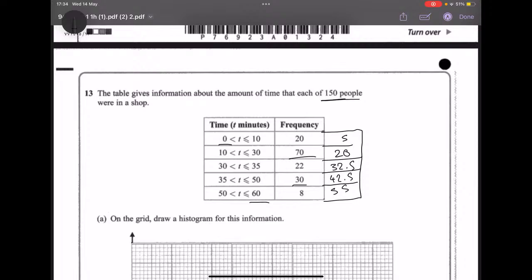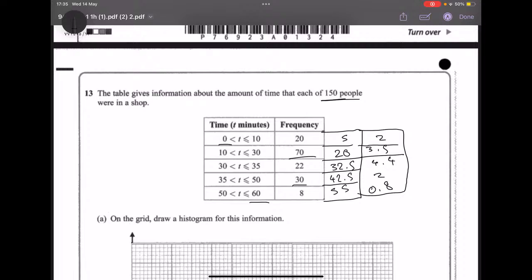The class width here would be 20 divided by the amount of minutes here, which would be 2. Here it would be 70 divided by 20, which is 3.5. Here it would be 4.4. Here it would be 2, and here it would be 8 divided by 10, which would be 0.8.